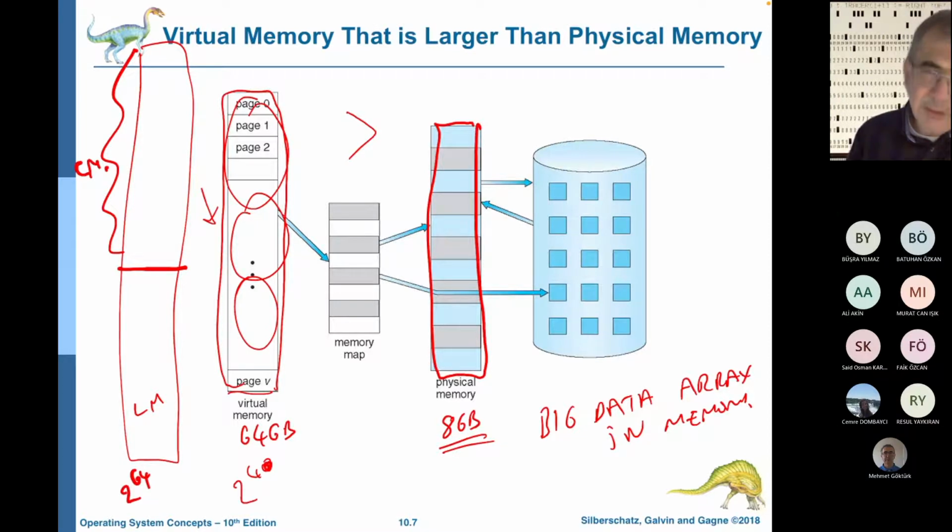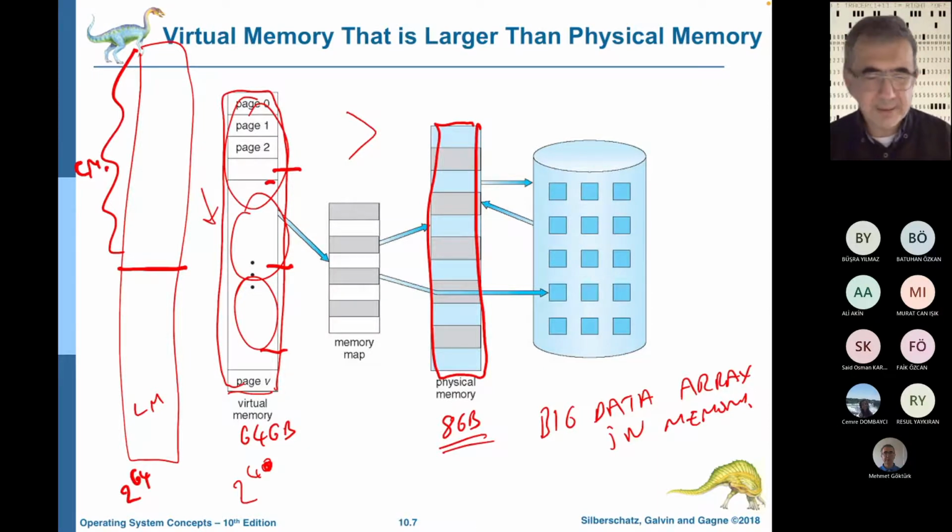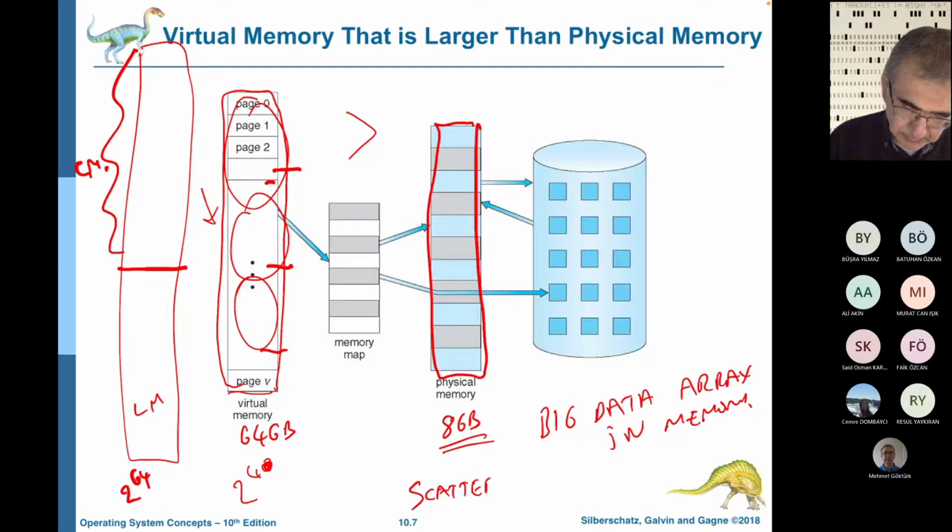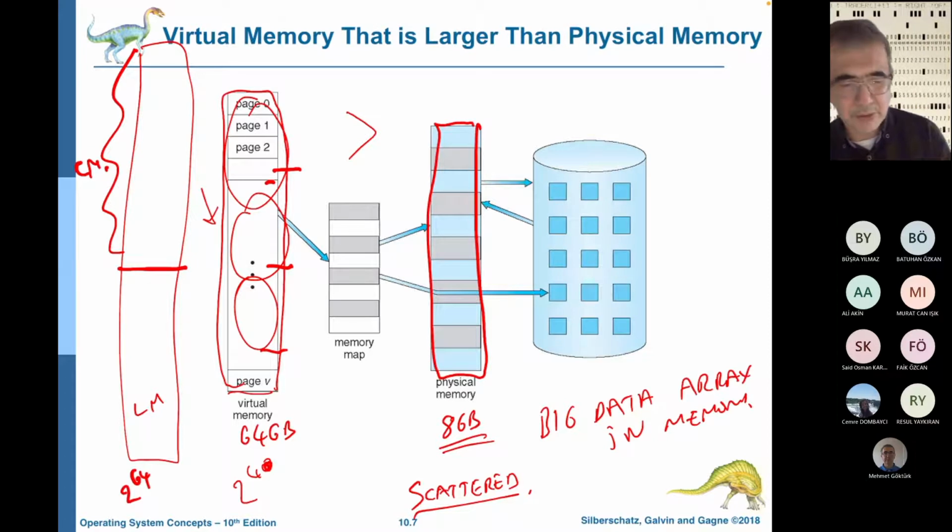If you have such big data in virtual memory, and you pick one data from here, another data from here, another data from here, if you are very scattered in memory, the efficiency will be low, because in order to access those parts, the parts will be brought to real memory and used.